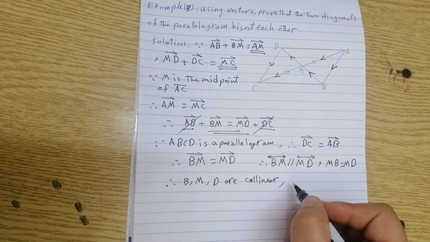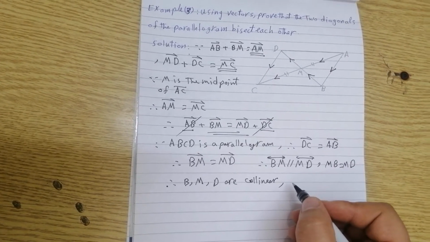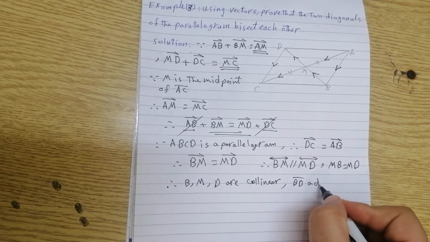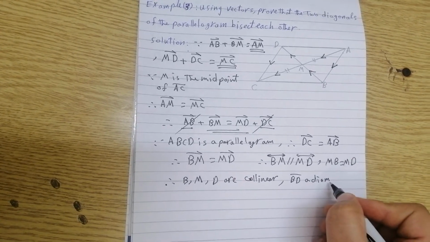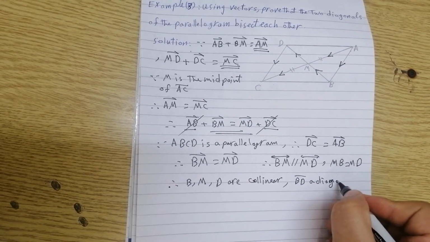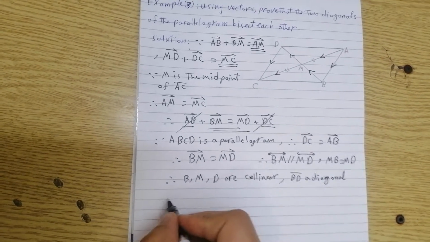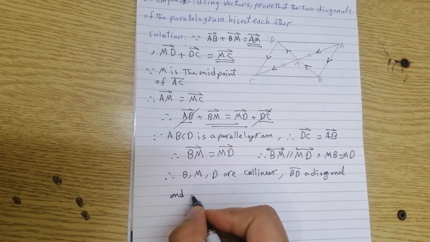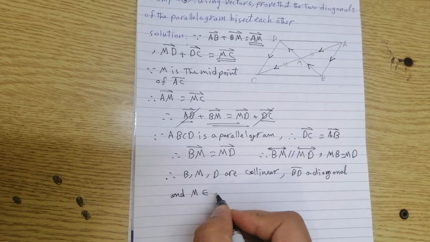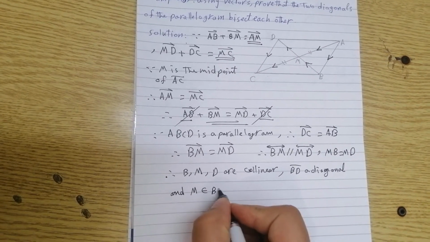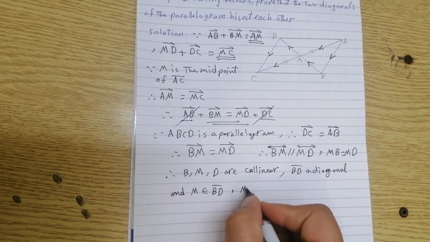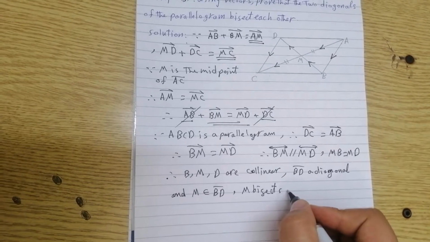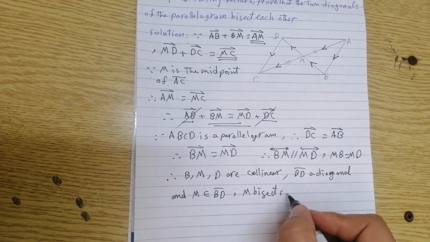This means that BD is a diagonal, and M belongs to BD, and M bisects BD.